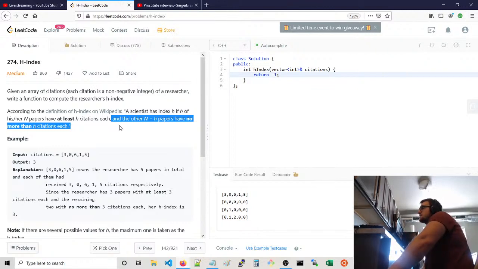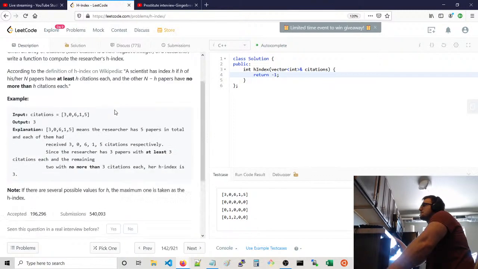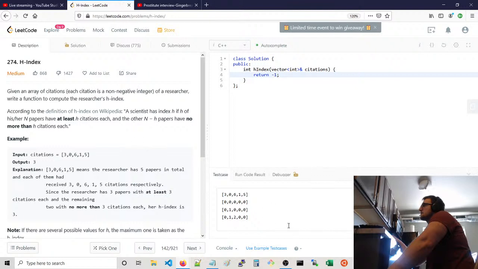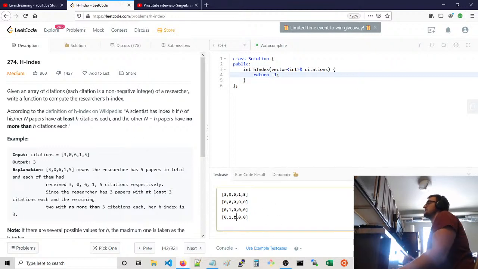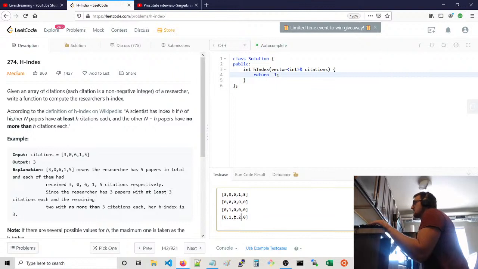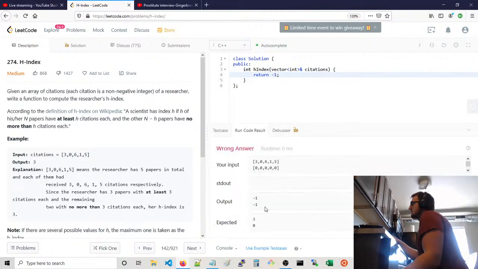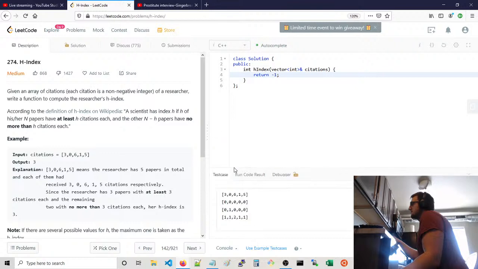So that's a very confusing definition. If you put a 2 in here, or if you made all of these 1, it still gives you 1.